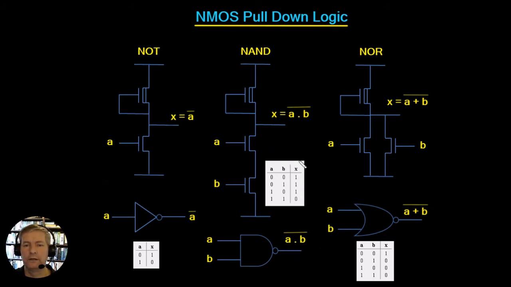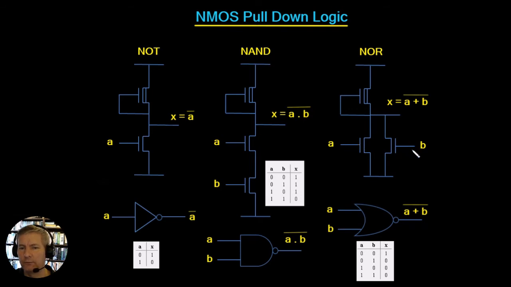Now, alternatively, we could take this transistor and instead of placing it in series here, we could place it in parallel. And if we place it in parallel, we get the NOR function. So we can see here in the NOR function, both A and B have to be low in order to get a high output. And you can see here, if the value of A is low, then this transistor is off and this transistor is off.